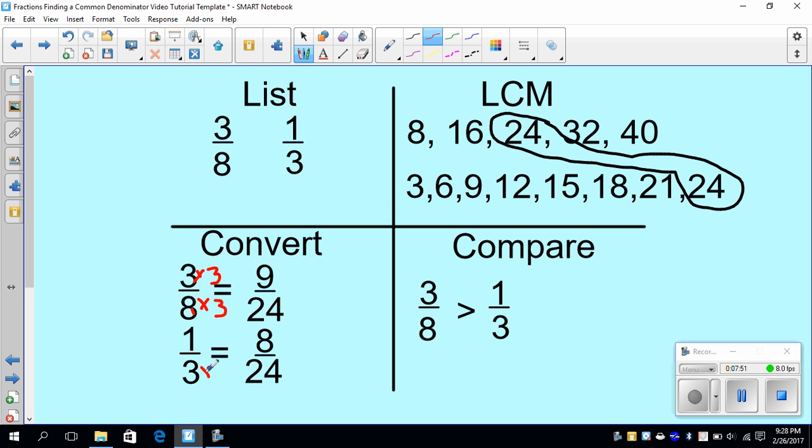And then down here you had to do times 8. So do the same thing to the top. 1 times 8 is 8, so 8/24. Because 9/24 is larger than 8/24, 3/8 is larger than 1/3, so 3/8 is greater than 1/3.